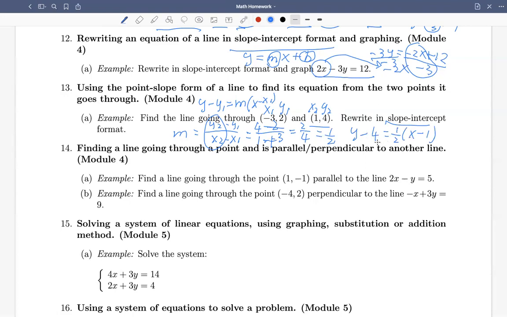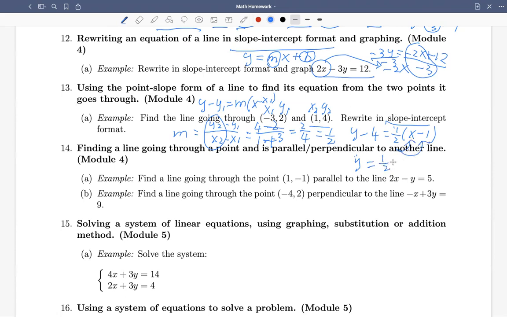Otherwise, just leave it like this. Or sometimes we want you to write in slope-intercept form, right? In that case, let's do one step further. So we move negative 4 to the other side. Also, we distribute this half into x and into negative 1.